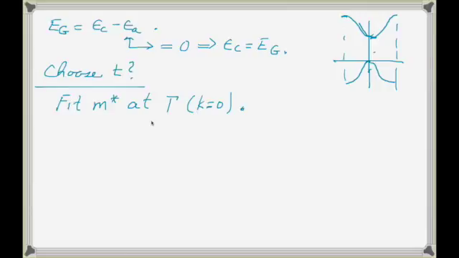Right, so here's my k equal to 0 point. So you want to get the right effective mass at your band edge. And because these bands are completely symmetric, the electron mass will be identical to the hole mass. And so this is where, depending on what you're trying to do, you choose the mass that's most important to you, because you only get one out of this model. You can't get two different ones.